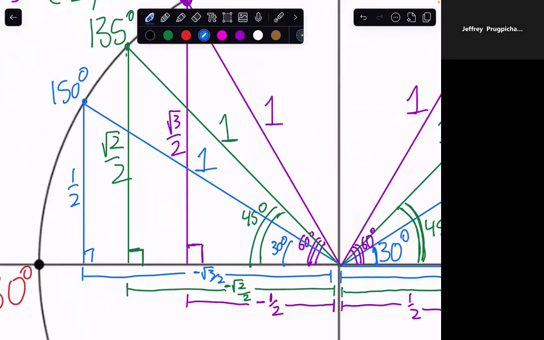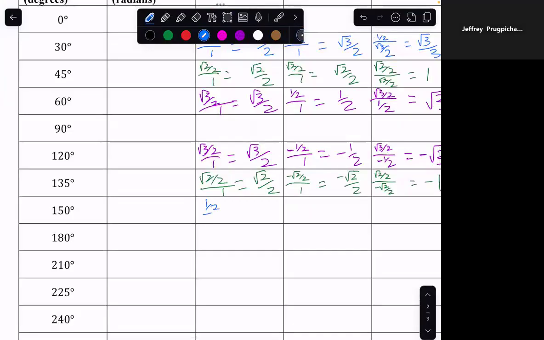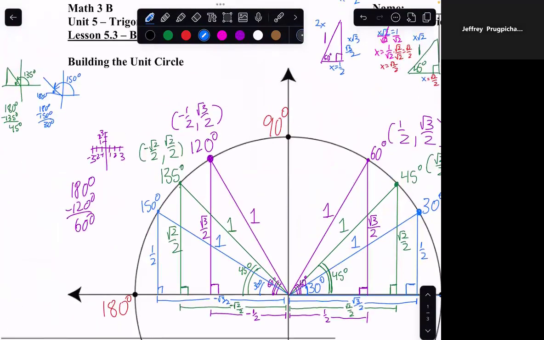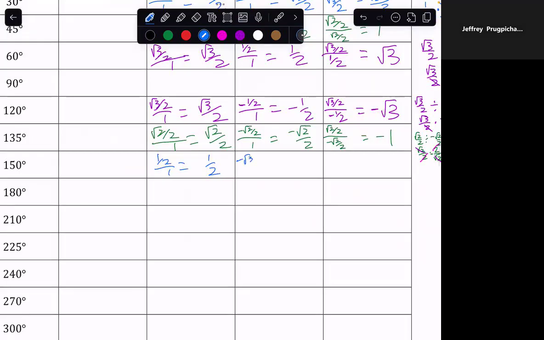So sine is opposite over hypotenuse, positive 1/2 over 1 is still 1/2. Cosine is adjacent over hypotenuse, negative radical 3/2 over 1 is still negative radical 3/2.